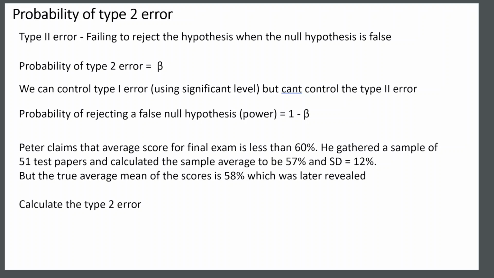But once the final scores of all the people came in, the true mean score is 58%.